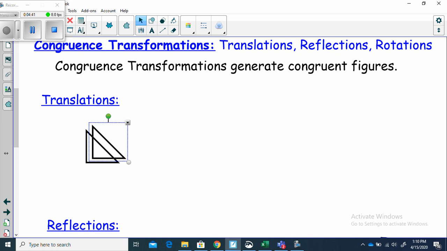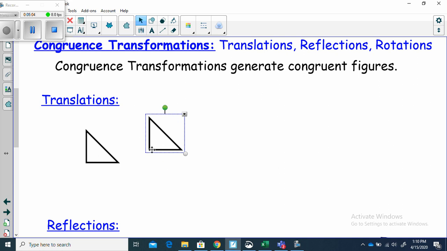How about the angles? Let's look at this top angle here. What do I see about this one before I translate it? They have the same angle measure. If I translate it, that angle measure doesn't change. How about the right angle down here? If I start with the right angle and I translate this over, these two are still right angles.